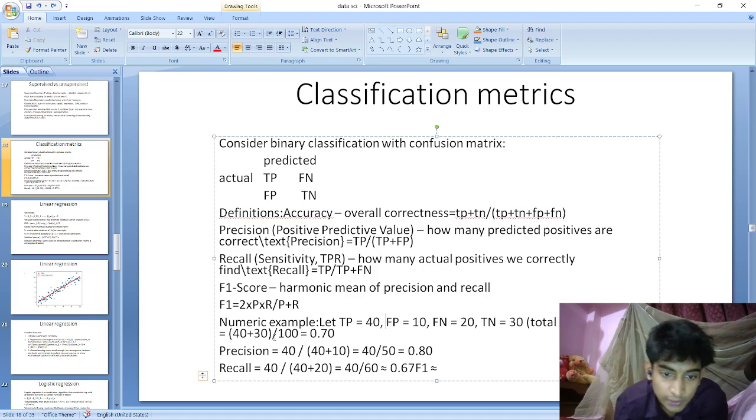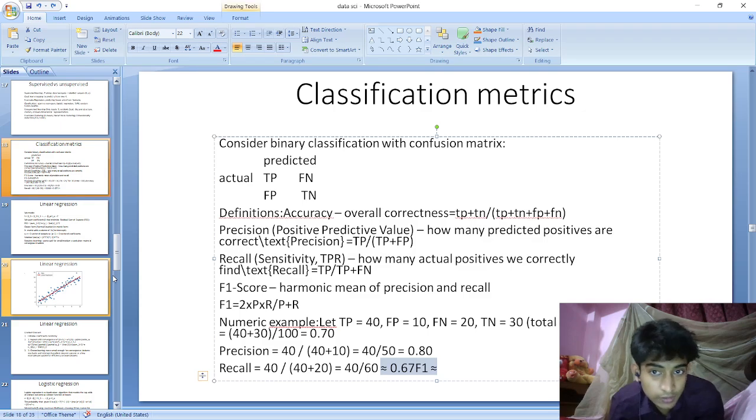The value we get is 70 by 100, which is 0.70. Similarly, precision is TP upon TP plus FP, 40 upon 40 plus 10, which gives 0.80. Similarly, recall is TP upon TP plus FN, and putting the values in the formula we get 2 by 3, or 0.67, right?